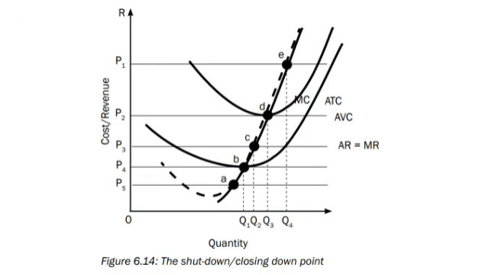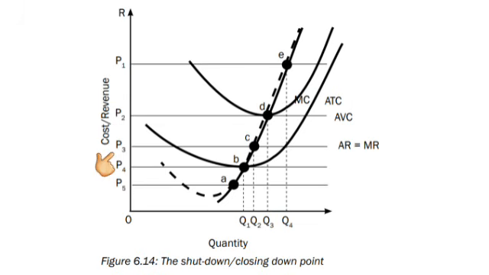Looking at the graph we are looking at now, we do not have total revenue and total variable cost, but we do have average revenue and average variable cost. Remember, it said the same thing about those two: you shut down where average revenue is less than average variable cost. So look at my graph.